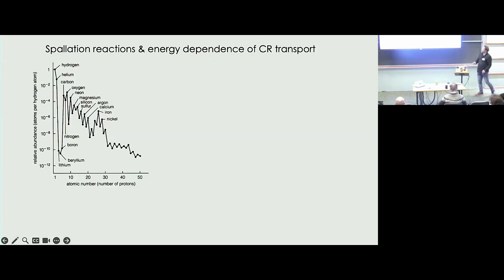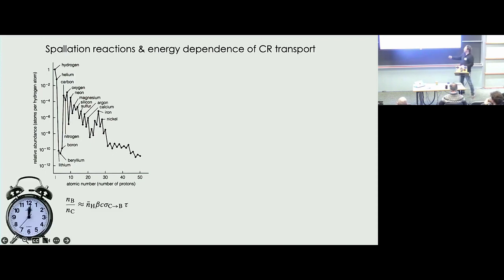So one way to do this is to look at the relative abundance of boron to carbon. So this is an abundance plot of elements in the universe, and there's a dip here. These elements are easily destroyed in centers of stars. So how much boron you have here depends on how frequent so-called spallation reactions are. When carbon runs into hydrogen, it produces boron.